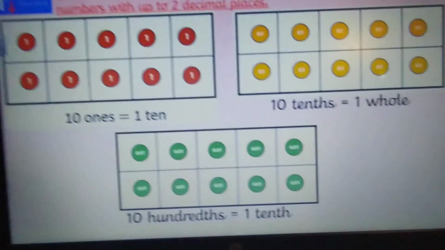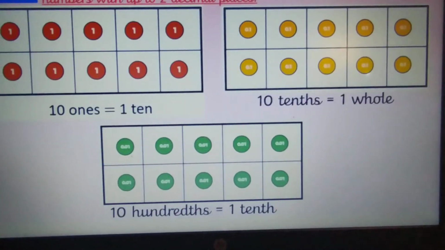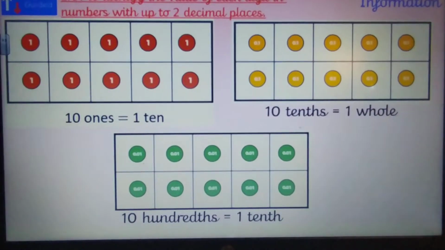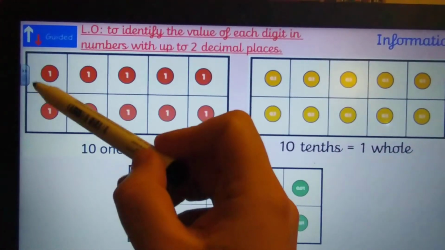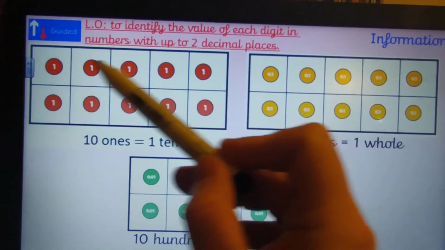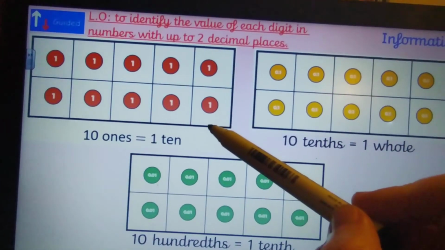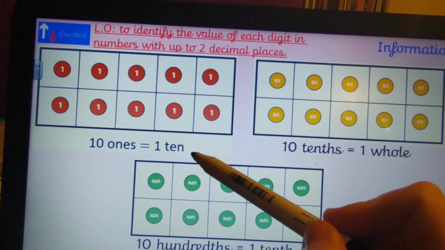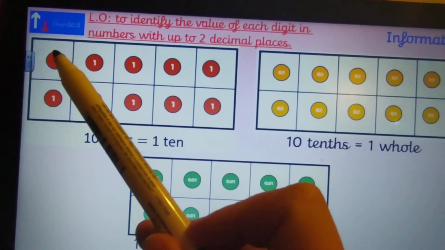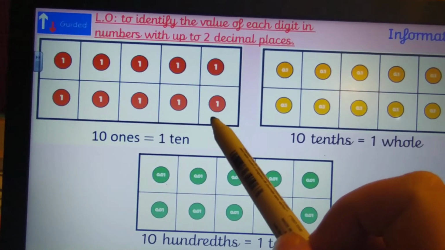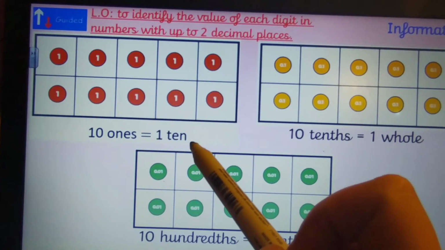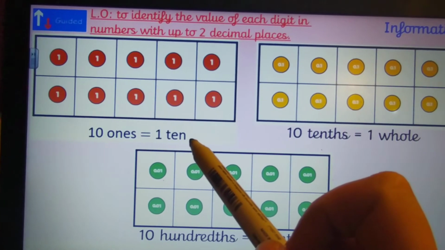Right, so this next screen really is just for your information, to try and show you what we're talking about today. So, in this section over here, we've got 1 whole. And in this case, our 1 whole is actually 1/10. We've got 10 ones, hopefully you can see them here, and 10 ones is equal to, it's the same as 1/10.